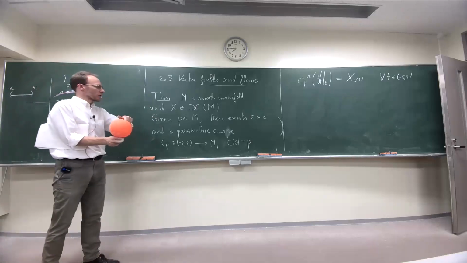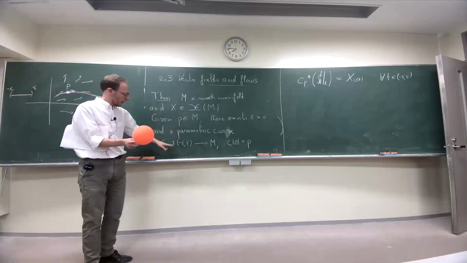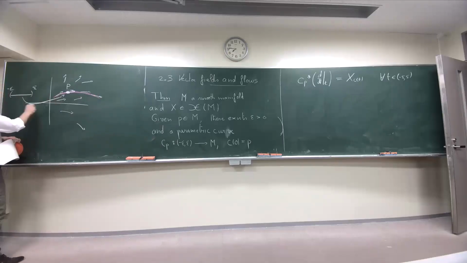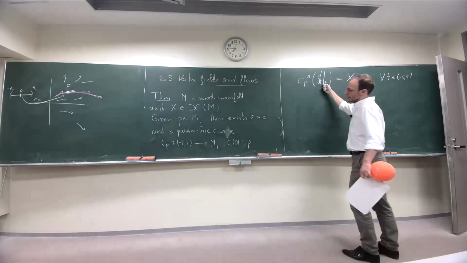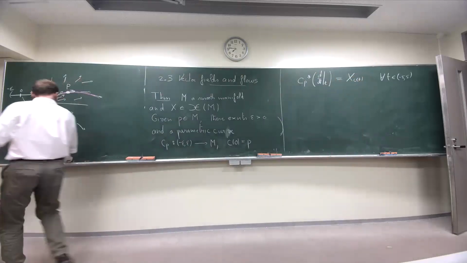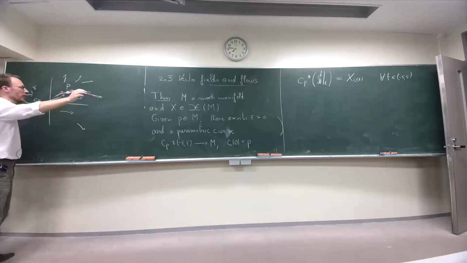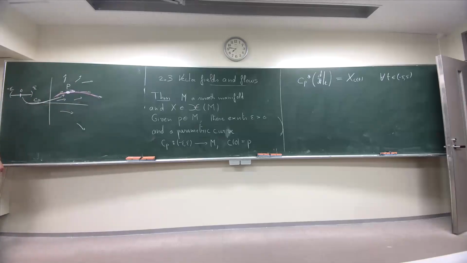Then choose one point in the manifold, I choose p. There exists an epsilon bigger than 0 and a parametric curve. So the parametric curve is from this interval to the red curve. This is c index p, which associates the point 0 to p, such that, as we have seen, a curve defines a tangent vector. So the tangent vector defined by the curve is equal to this given vector field. So this is the correct picture.